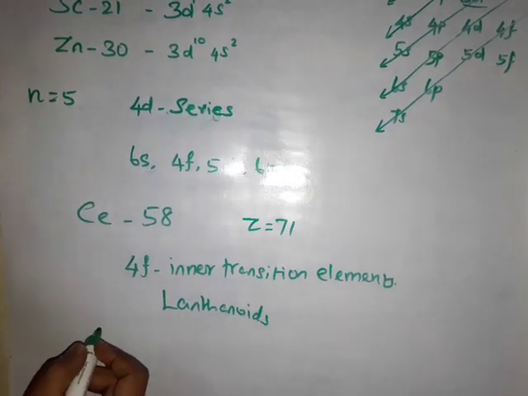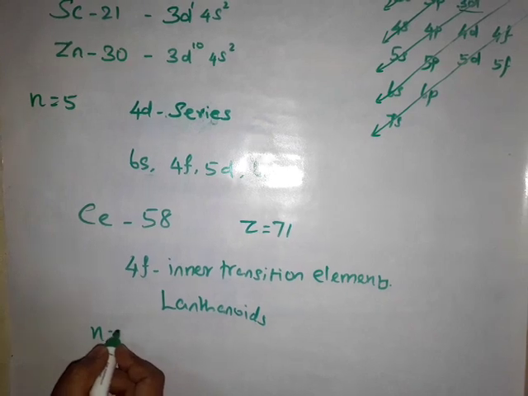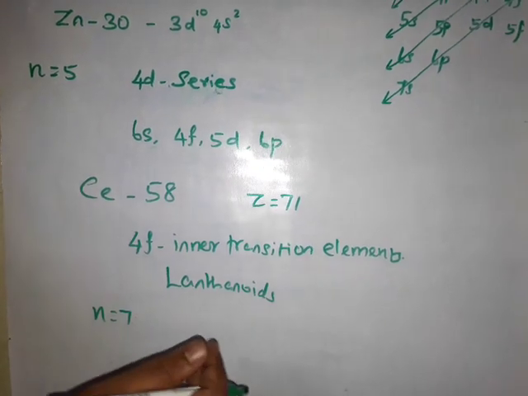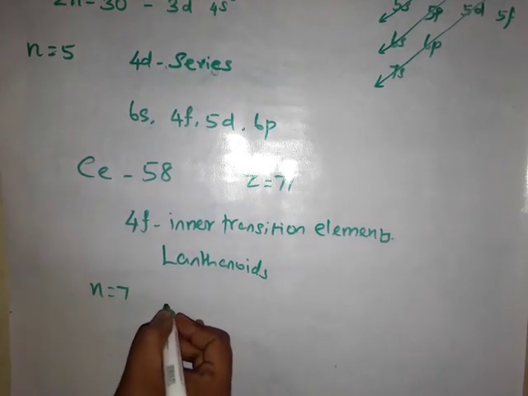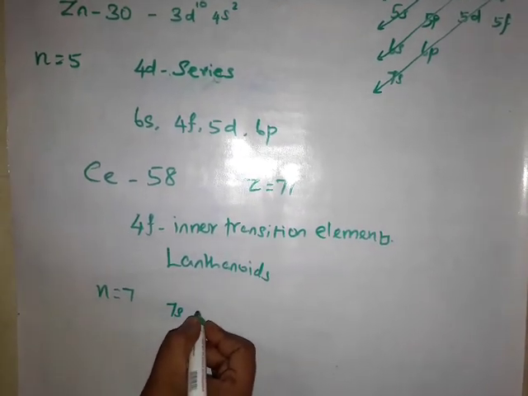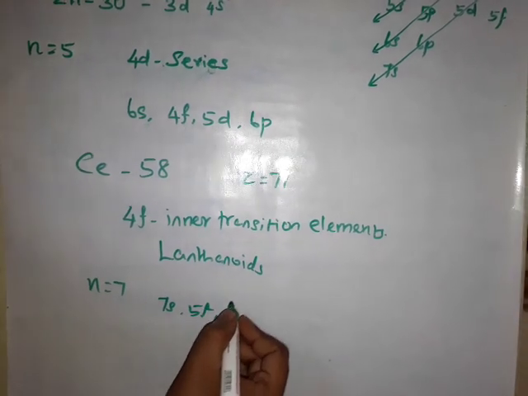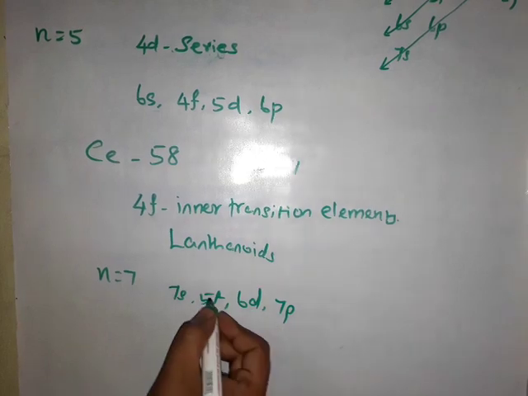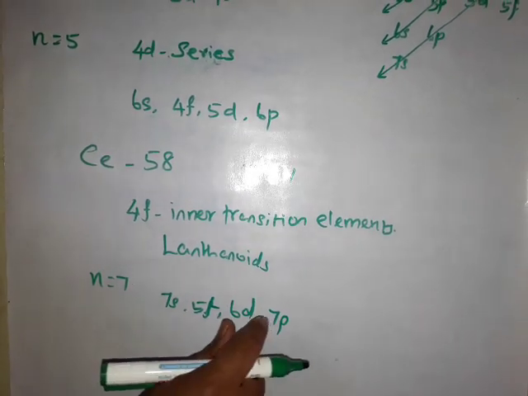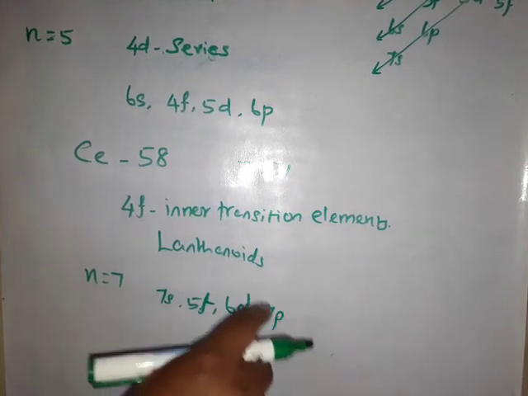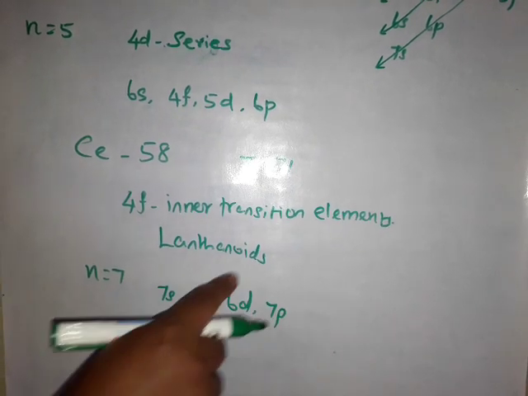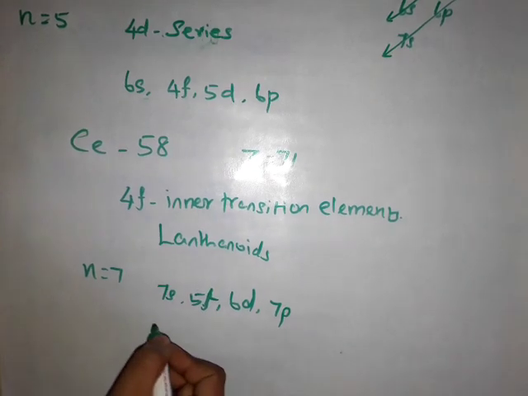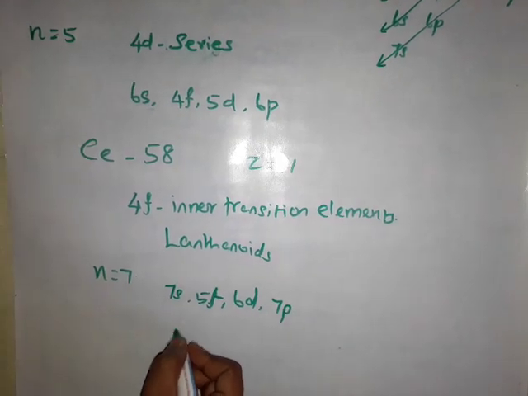The seventh period, n is equal to 7, is similar to the sixth period, with successive filling of the 7s, 5f, 6d and 7p orbitals. It includes most of the man-made radioactive elements, which is called the inner transition series, or actinoid elements.